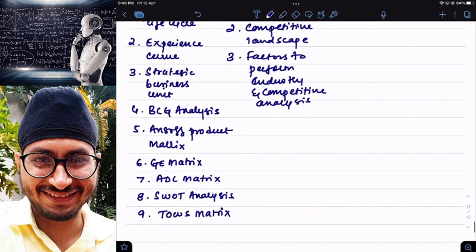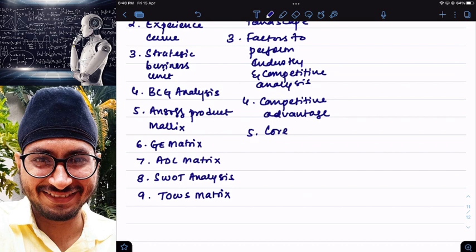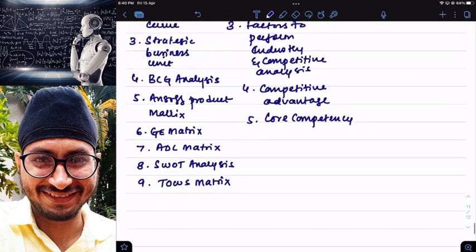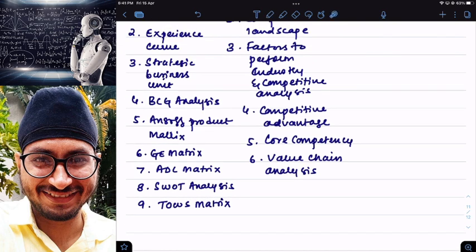And then competitive advantage. Then core competency. Then value chain analysis. Okay, so 9 concepts here and 6 concepts here, 15 concepts.